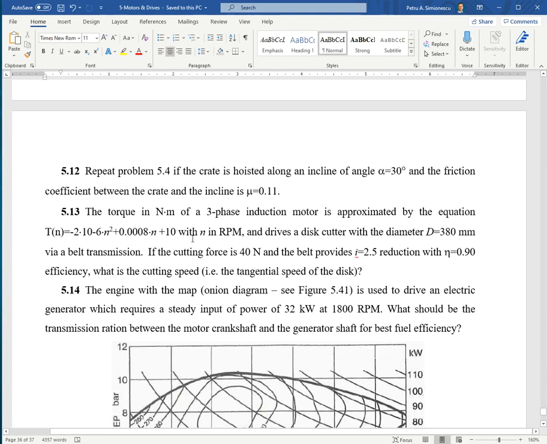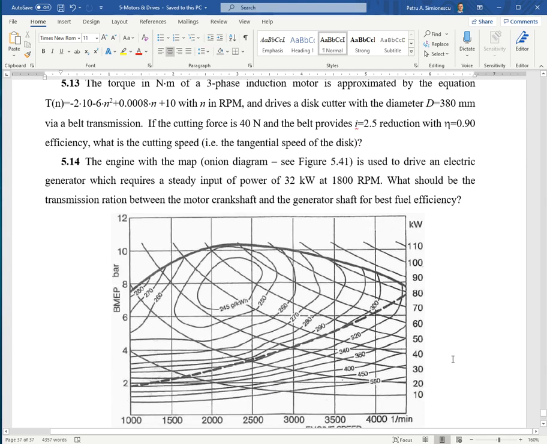There are also examples where we possibly have exam questions with the torque speed curve of an electric motor that drives a cutter, directly or via a belt transmission. And let's see this one, the onion diagram.